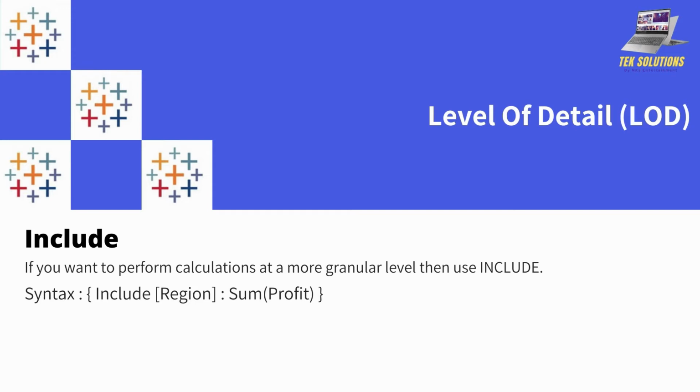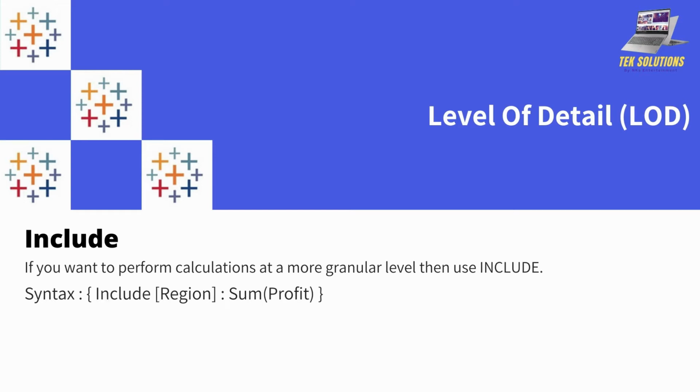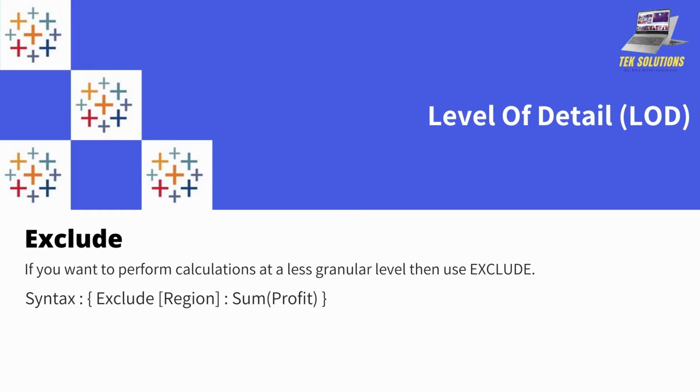Exclude. Now if you want to perform calculations at a less granular level, then we have to use exclude. For example, you have two dimensions in your visualization and you are finding some profit, but out of those two dimensions you want to exclude one of them and then find the sum of profit and show it in your visualization.